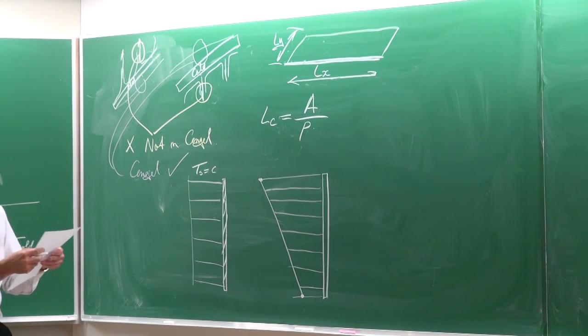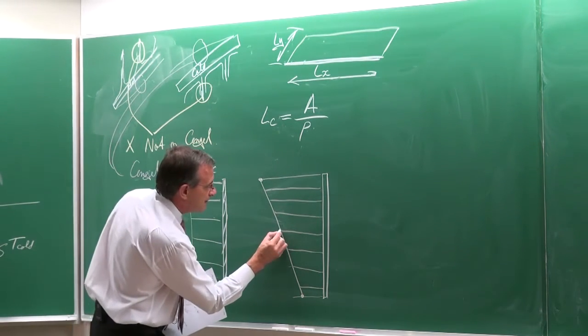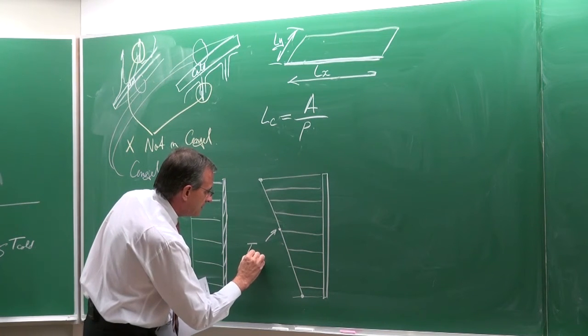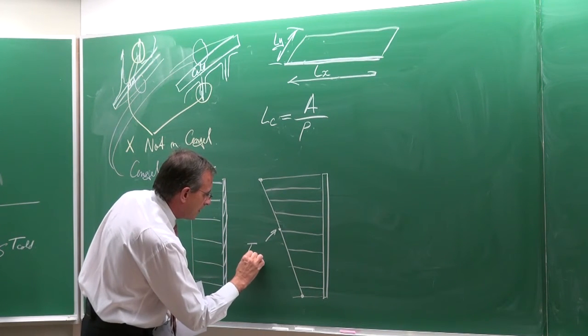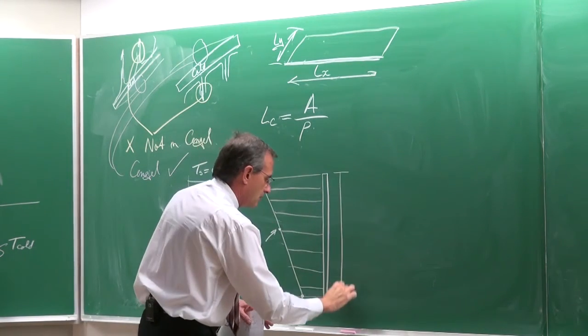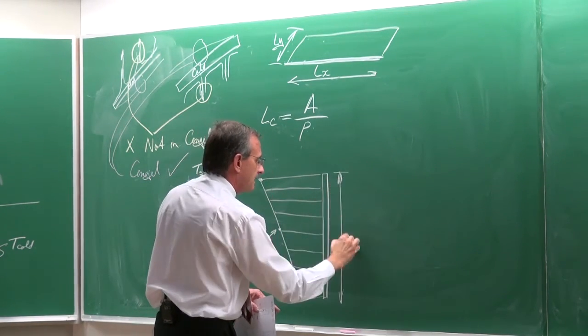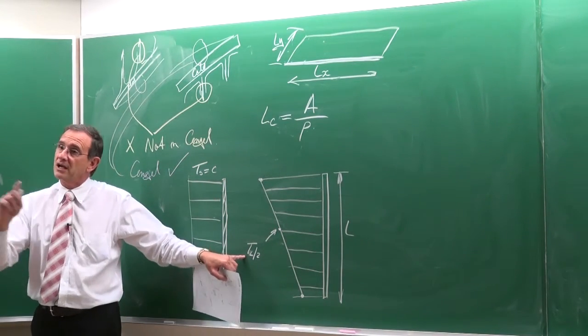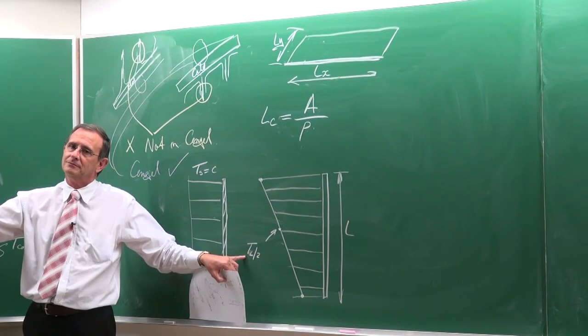And what you then have to do is get this film temperature at the position L divided by 2, which is halfway in the center. Okay? And then you have to use that temperature as your film temperature.